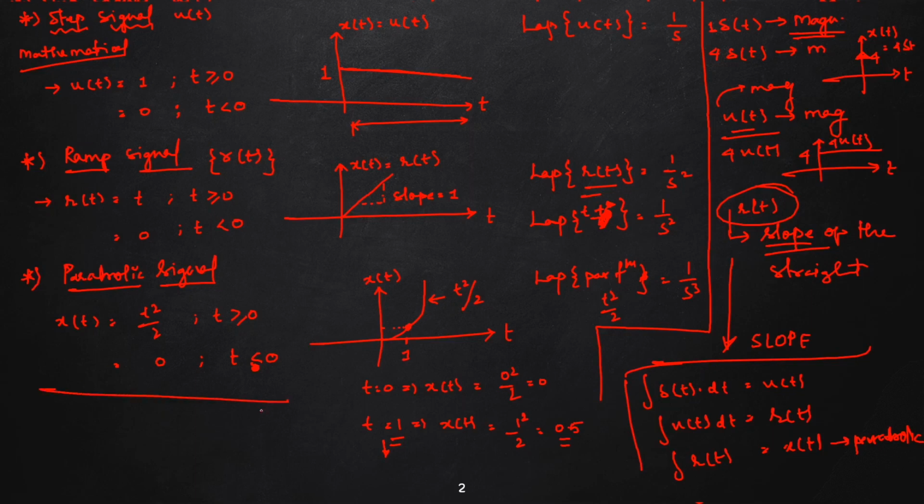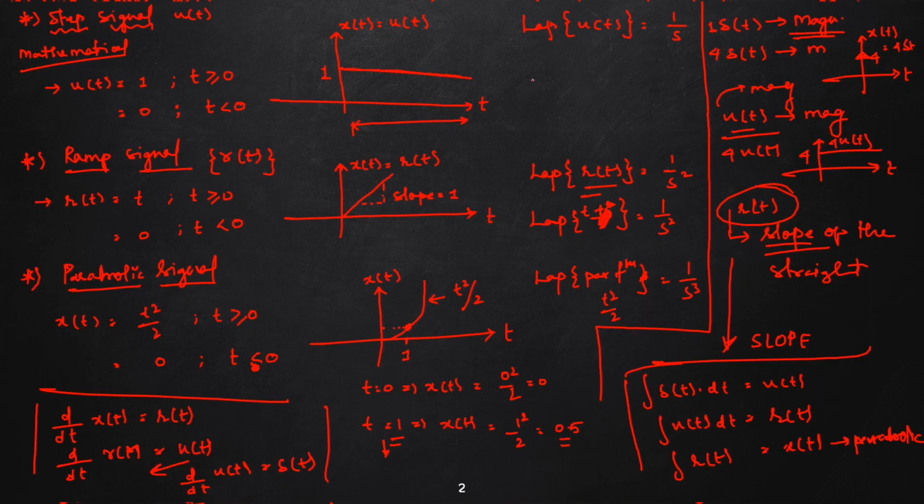Or else you can remember it like this also. If you differentiate a parabolic signal x of t with respect to time, then we will get a ramp signal. If you differentiate the ramp signal, you will get a step signal. If you further differentiate this step signal, we will get the impulse signal. So you can remember any one of these three formats.